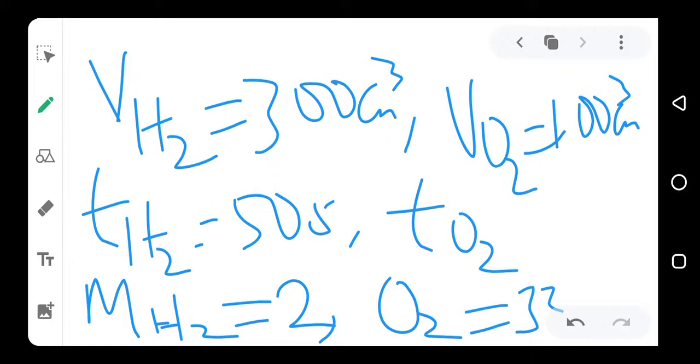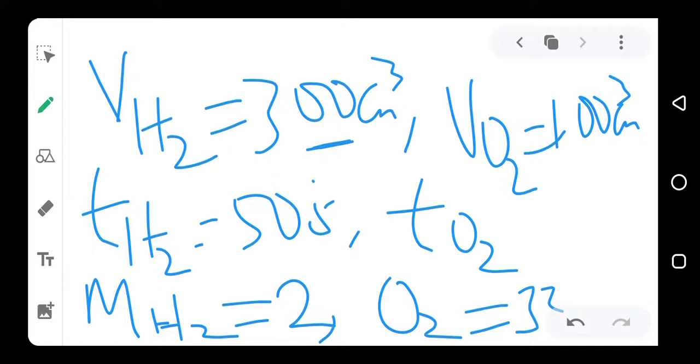Now looking at this, we have different volumes. This is 300 here and this is 100 in this place. So the formula we are going to use is the one that involves molecular masses and different volumes. What we are going to do is compare the volumes.